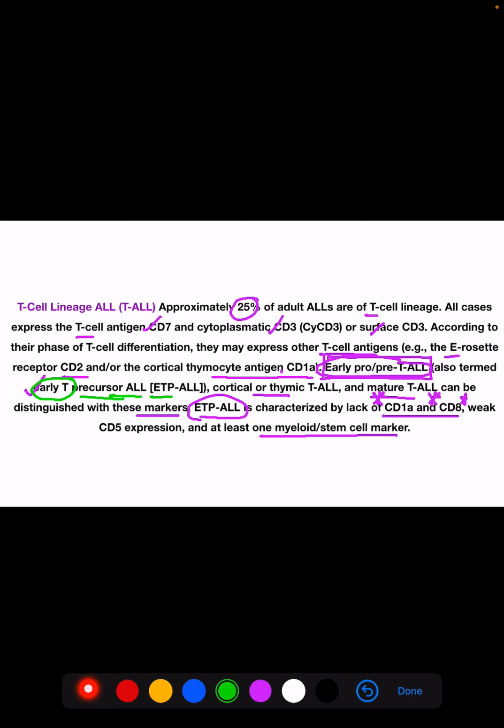It is characterized by lack of CD1A and CD8, weak CD5 expression, and at least one myeloid or stem cell marker.